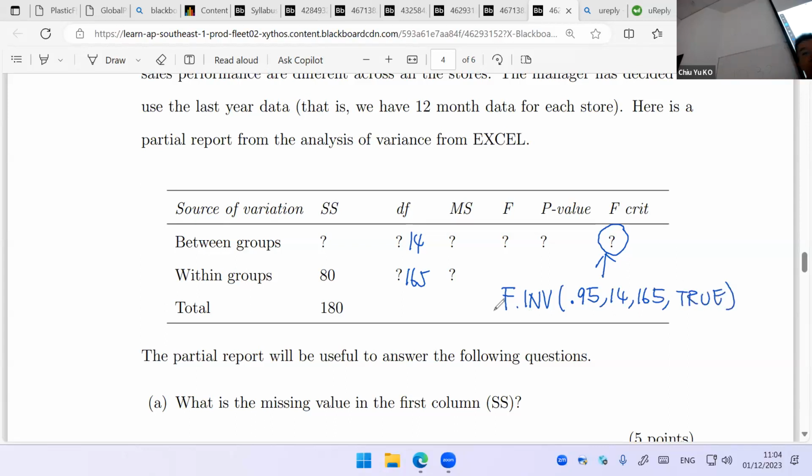This is the one you figure out from the table as well. You compare the result to that, and if it's more than that, then you reject.